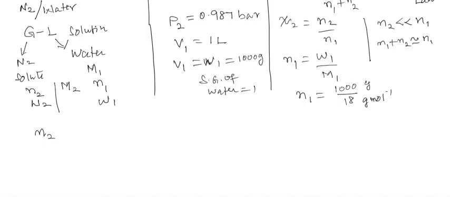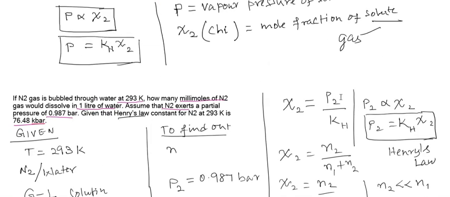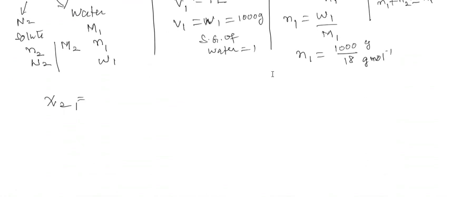We had to go from chi2. So chi2, that is the quantity required here, is nothing but, according to Henry's equation, P2 by KH, Henry's constant.